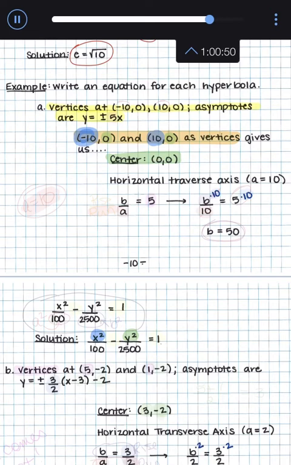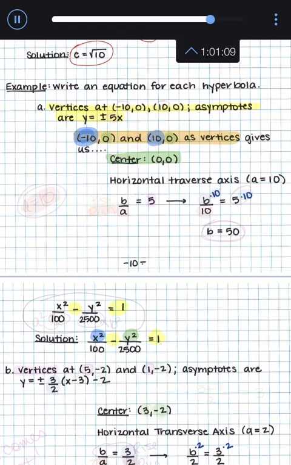But the x has to come first because it's our major axis, and we should have a minus sign in the middle. Why? It's because it's a hyperbola, and it also needs to equal 1.